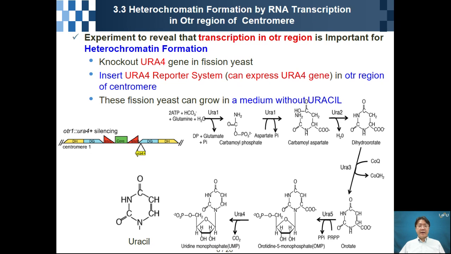In this slide, I will explain the experiment to reveal that transcription in the OTR region is important for heterochromatin formation. This experimental scheme is nearly similar to the URA3 gene in budding yeast. In fission yeast, we knock out the URA4 gene.